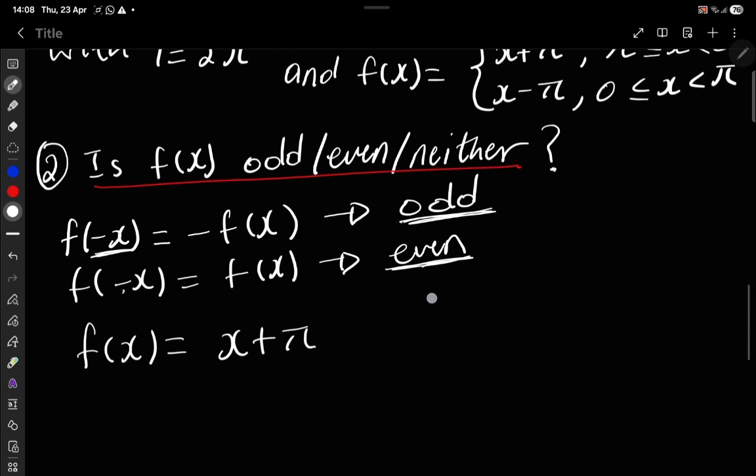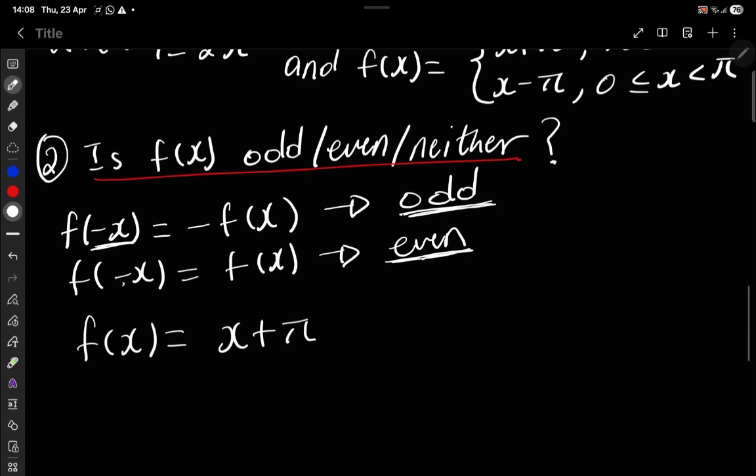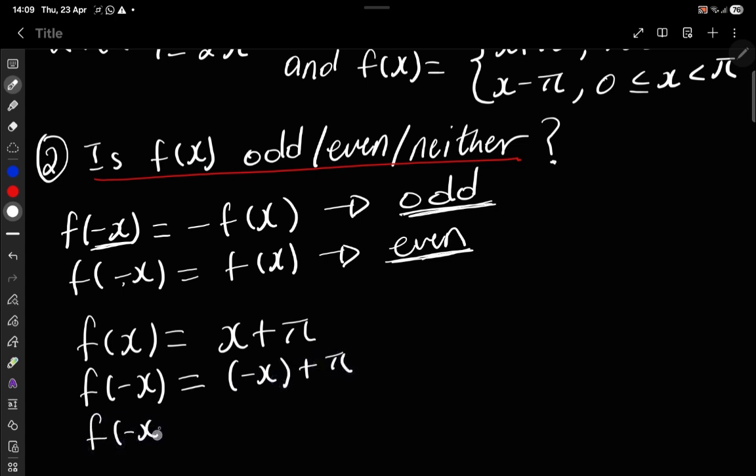Now here, our f of x is equal to x plus pi. When we substitute negative x here, it is going to be negative x plus pi. So our f of minus x is equal to minus x plus pi.